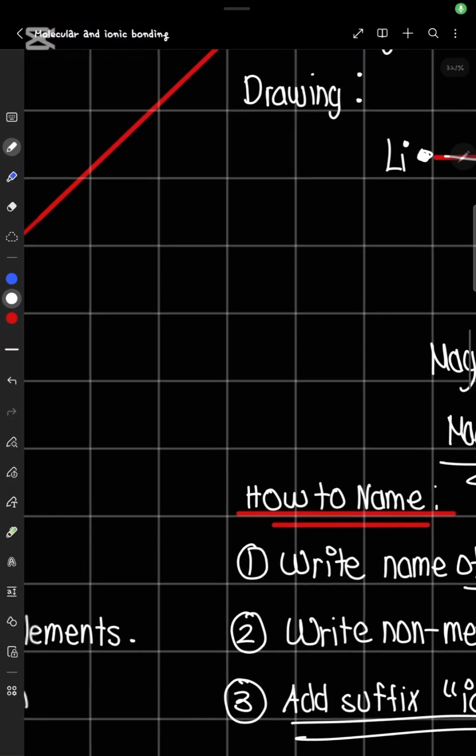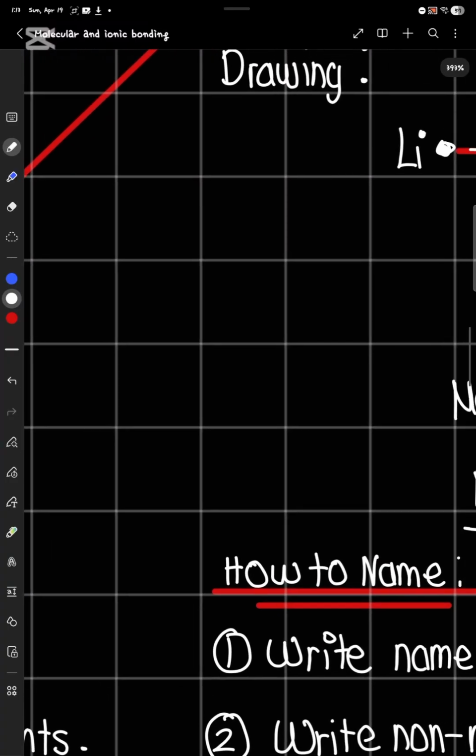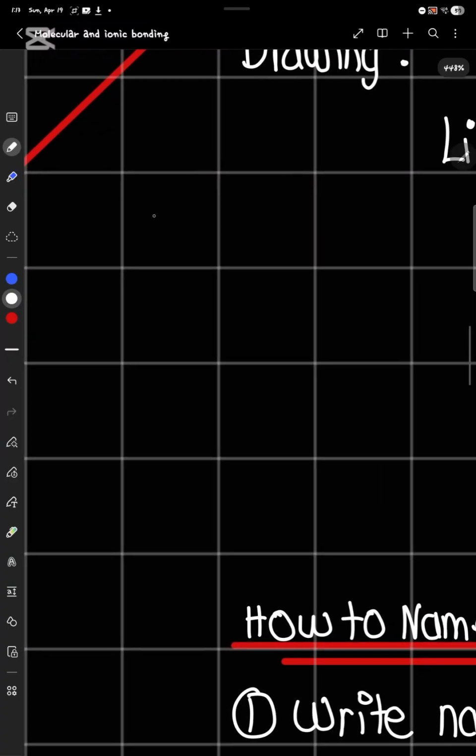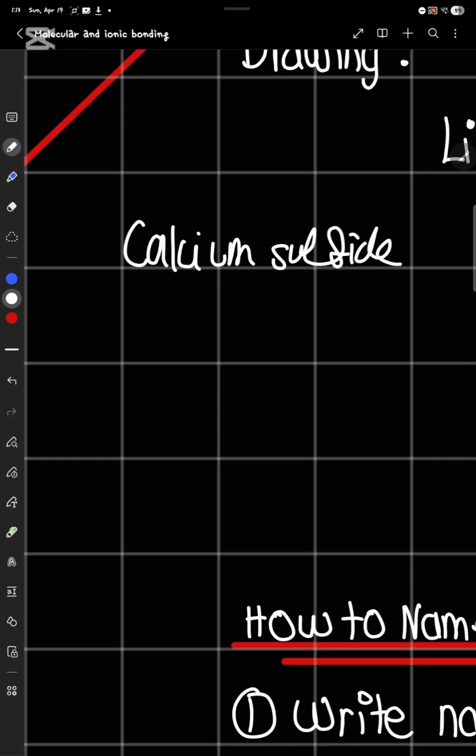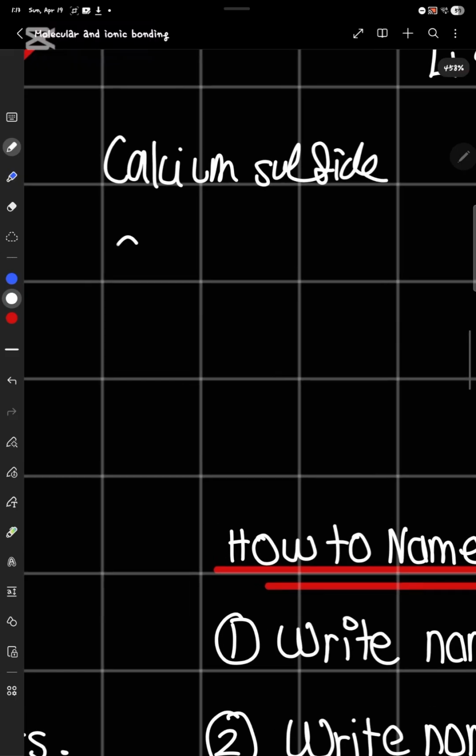And how you first start to draw: let's say you want to draw calcium sulfide. I would first approach it by getting the formula, and then I can draw it easier because I know how much of each element to draw. Okay, so calcium has a charge of 2 plus, and sulfur has a charge of 2 minus.